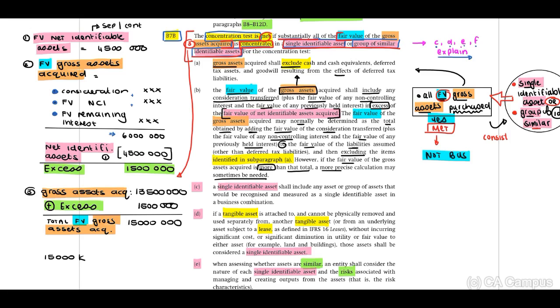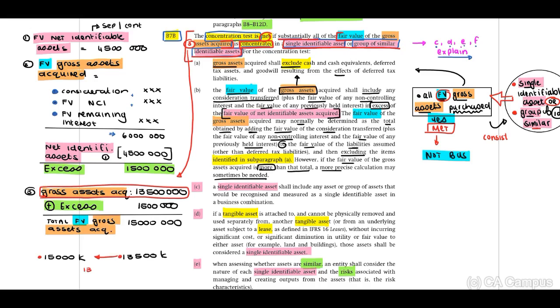Now, what is that, guys? This will be the 13.5 million of gross assets acquired. This section here, guys, the 13.5 million are gross assets acquired. Therefore, if it is concentrated, do you see, the majority of the 15 million consists of our gross assets acquired.